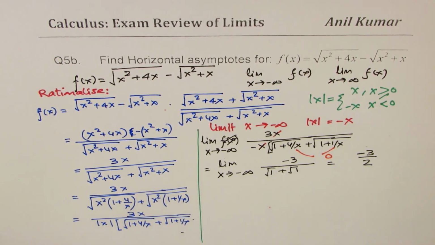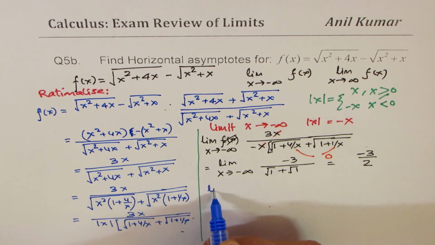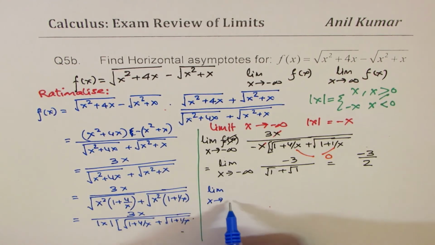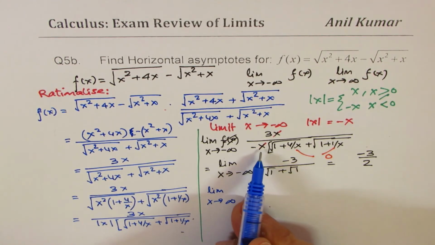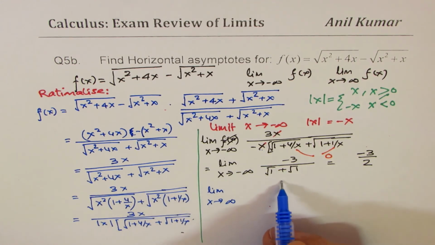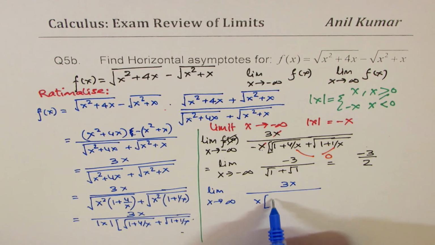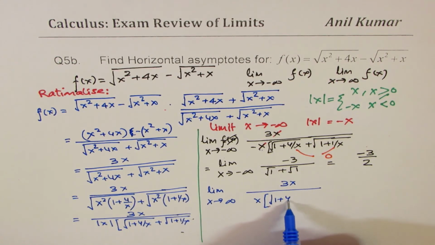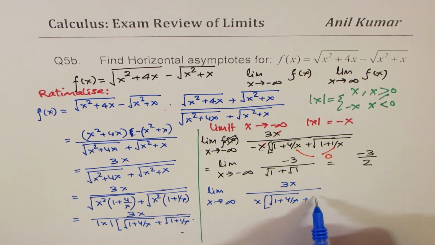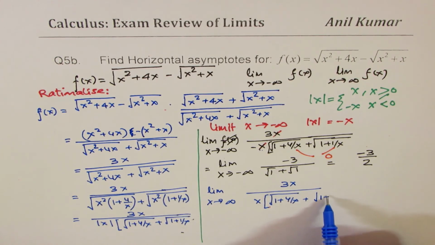Okay? Now, let's also find the limit of this function when x approaches positive infinity. In that case, this value is going to be positive, right? So what we get here is 3x over x times square root of 1 plus 4 over x plus square root of 1 plus 1 over x.